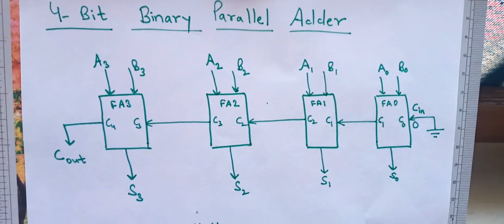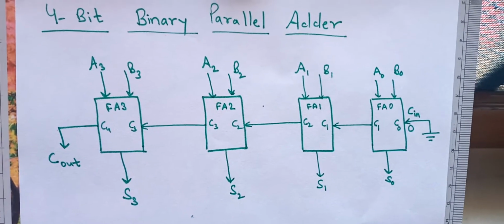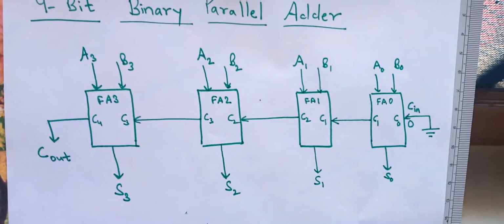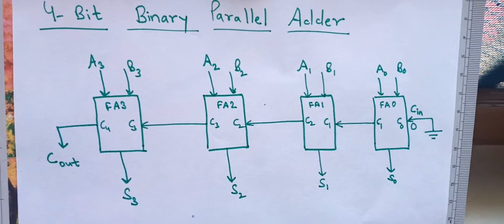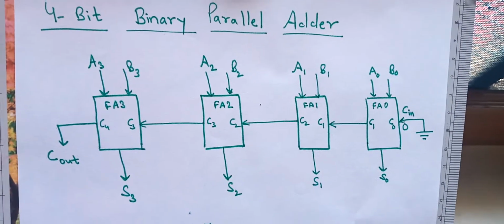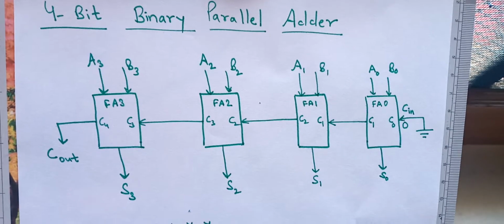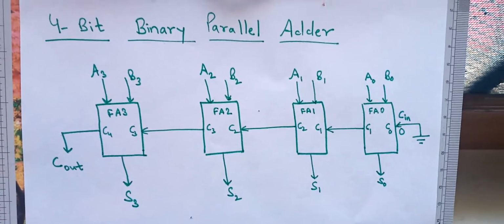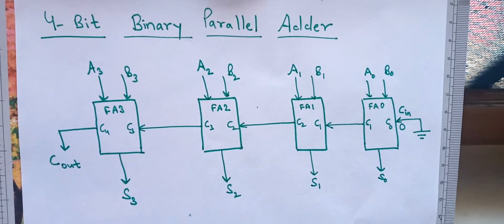So what does it mean? If there are two 4-bit numbers, one number is A3, A2, A1, A0, another number is B3, B2, B1, B0, and if we sum these two numbers, there may be a 5th binary bit as a result.